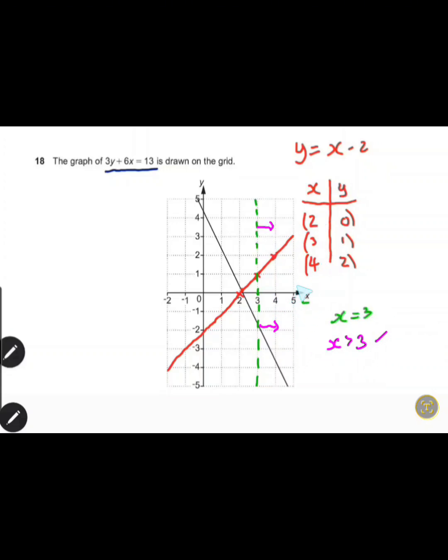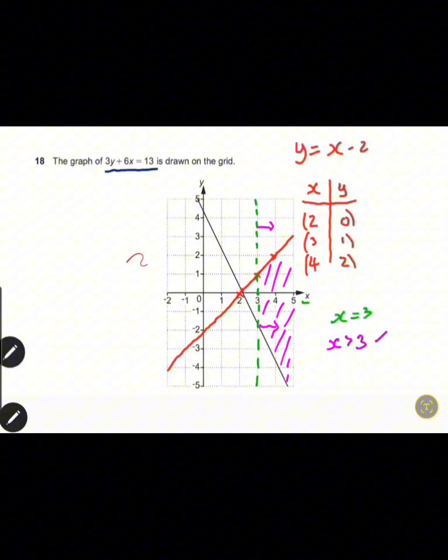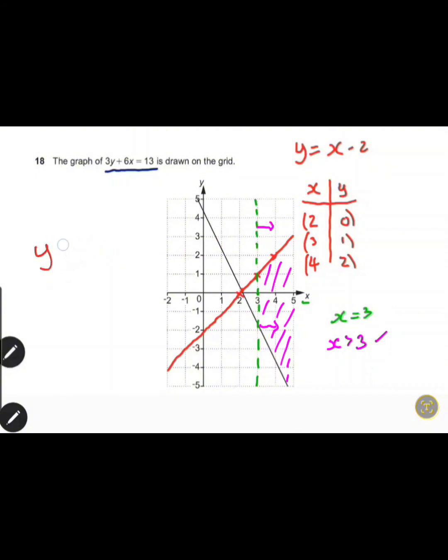Remember, we want a region that satisfies all 3 inequalities. There's only one zone here that satisfies 3 separate things, and it's going to be that bit there. You can double check the red line. The original inequality was y is less than or equal to x minus 2. Just pick a point in this region. Let's say that one.